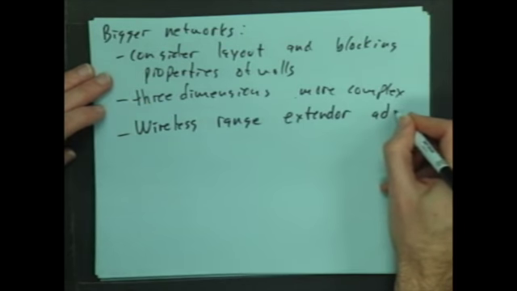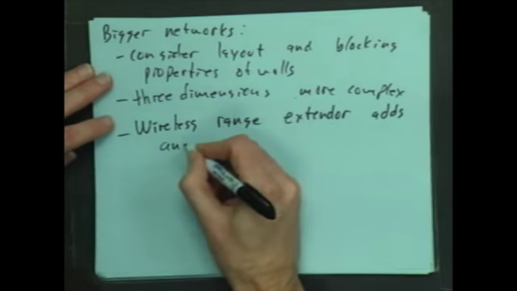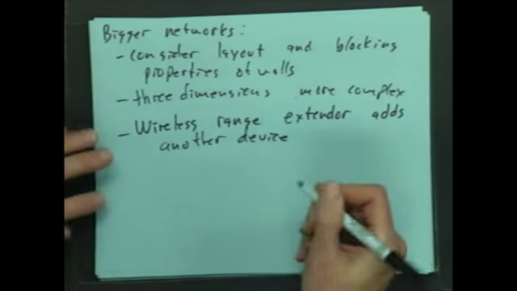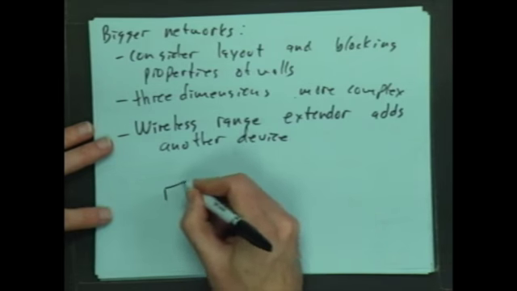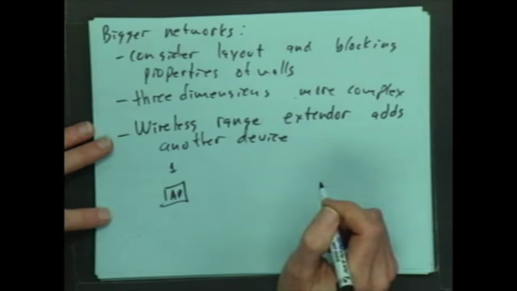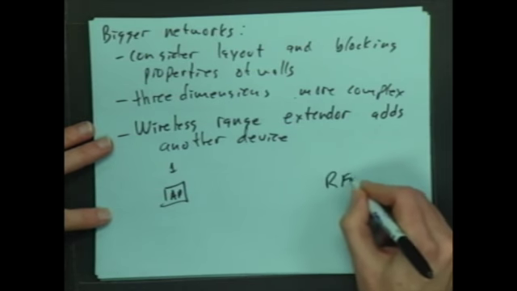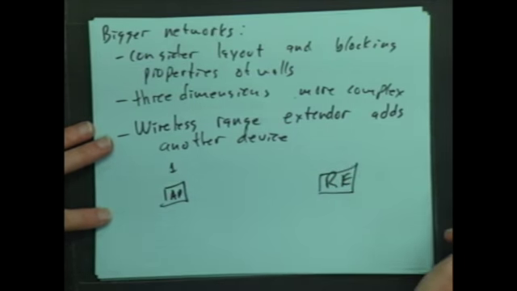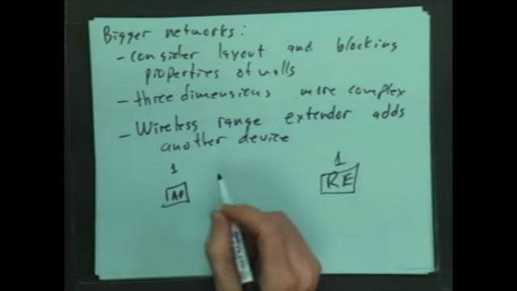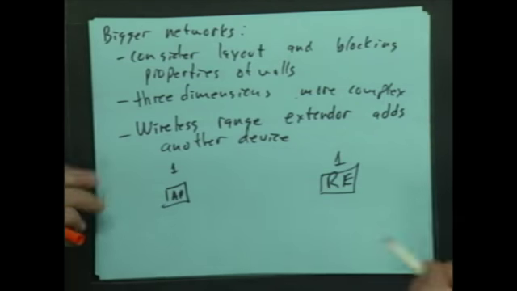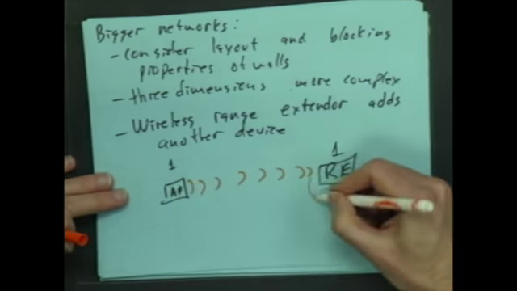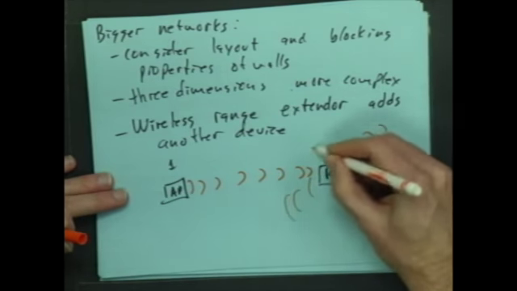These actually add another device. So I don't want you guys to be tempted by this. If I have an access point, and let's say I picked channel 1, if I have a range extender, that's just another access point. It's going to be on channel 1 too. As it gets signals from the access point, the range extender is going to send them out also.